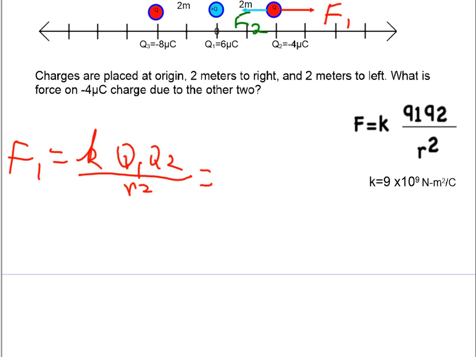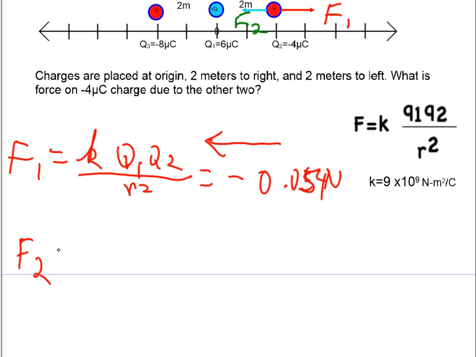Once you put in the numbers, it will come out to be minus 0.054 newtons. The minus comes from the fact that the force is to the left, in this direction, since the charge is attracted by the positive charge.